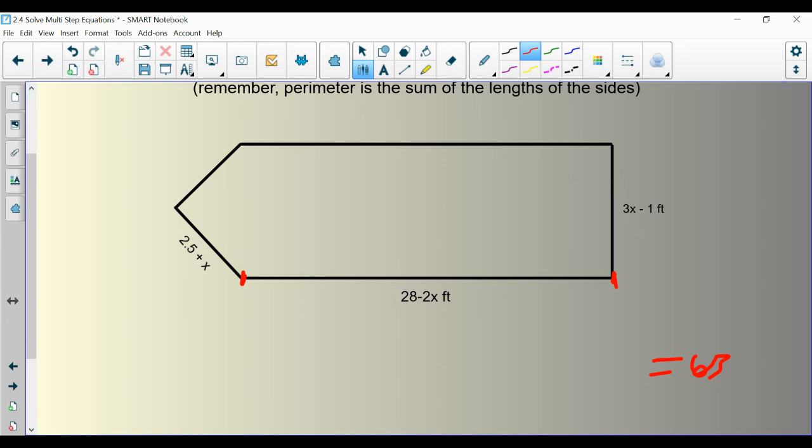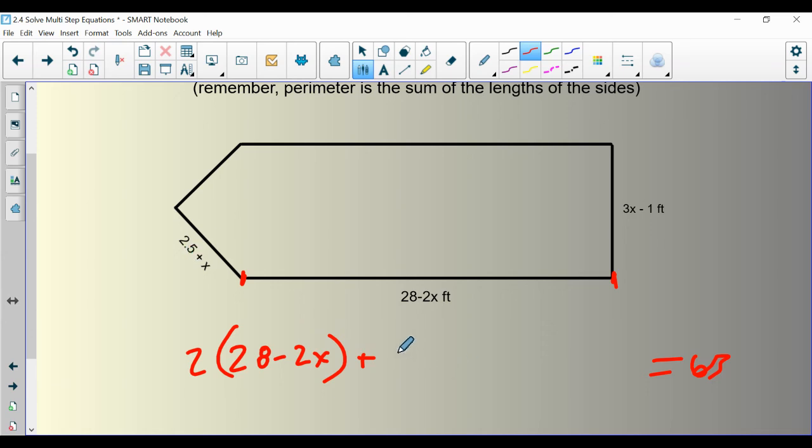So let's look at, we have one length, that's 28 minus 2x. Actually, we got two of those, right? So I can put a 2 out in front of parentheses like this, or I could have said 28 minus 2x and then added another 28 minus 2x.